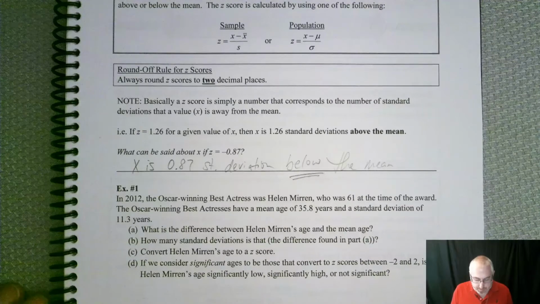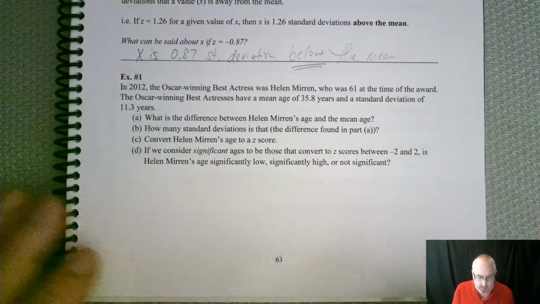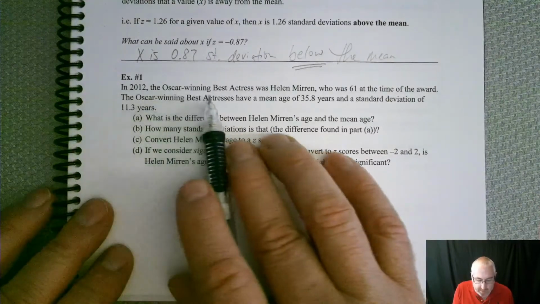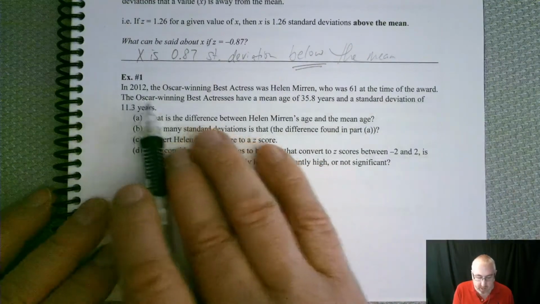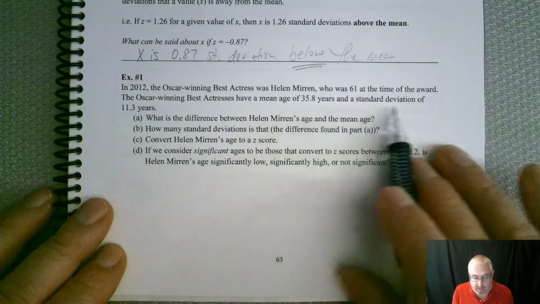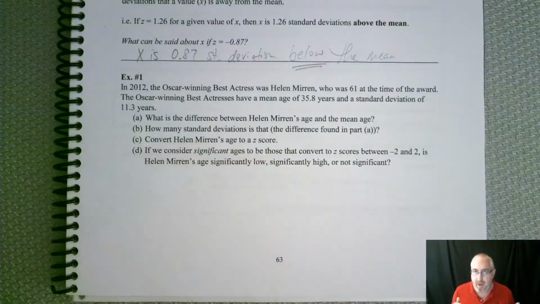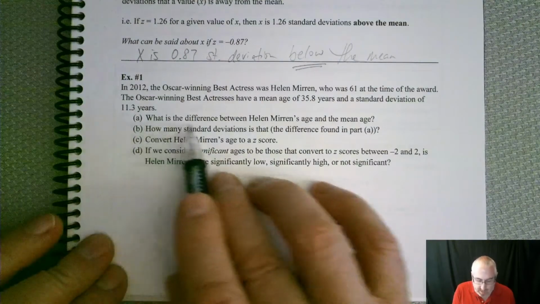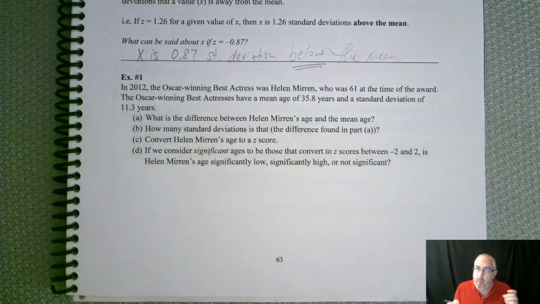All right, let's put it into a problem and see what we can figure out. In 2012, the Oscar-winning Best Actress was Helen Mirren, who was 61 at the time of the award. The Oscar-winning Best Actresses have a mean age of 35.8 years and a standard deviation of 11.3 years. So they did all the math for us. What is the difference between Helen Mirren's age and the mean age? This is kind of what we did back at the end of section 3.2.